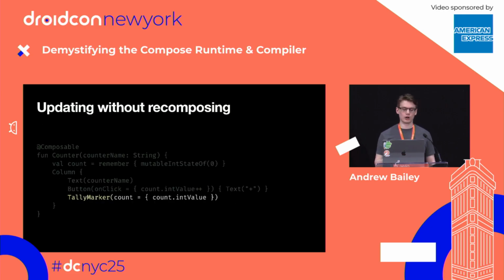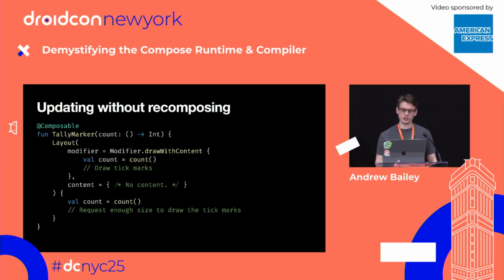If you want to update the tally marker, if you want to turn our composable that we've been talking about into one that doesn't need to recompose, you can do that. The way that you would do that is you would need to update the tally marker so that instead of showing one tally marker that goes up to 5, you would need to update the composable so that it can show any number of them. You would also update it to take, instead of the count as a parameter here, a lambda expression that returns the count instead.